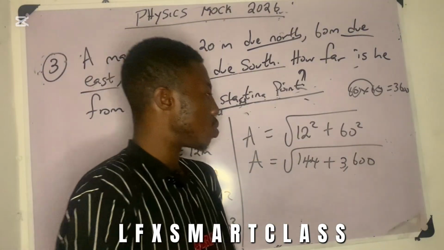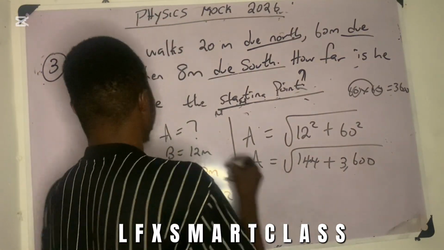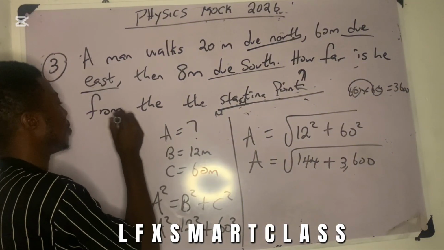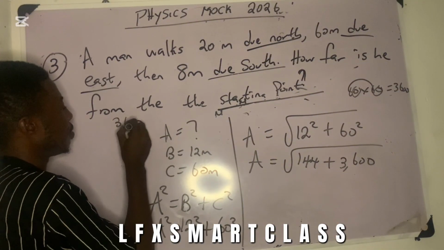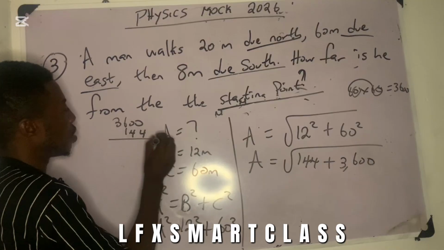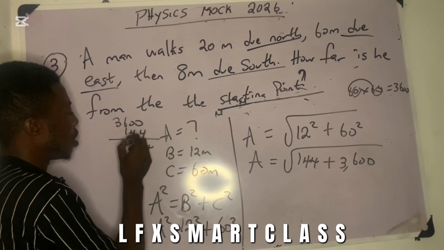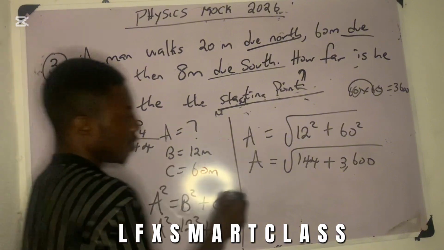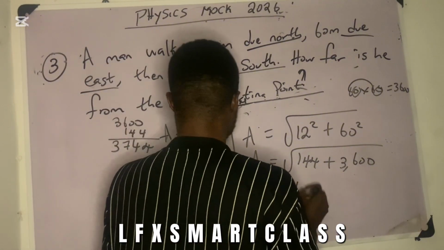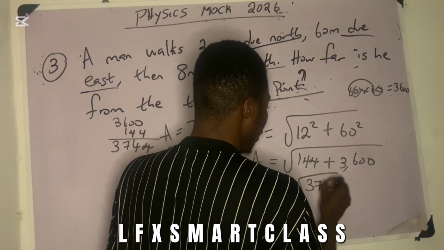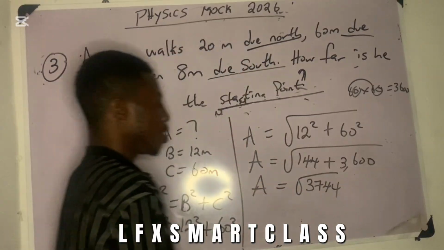Now if I add these two together, it should give me 3744. So A is equal to the square root of 3744. That's what it is going to be.